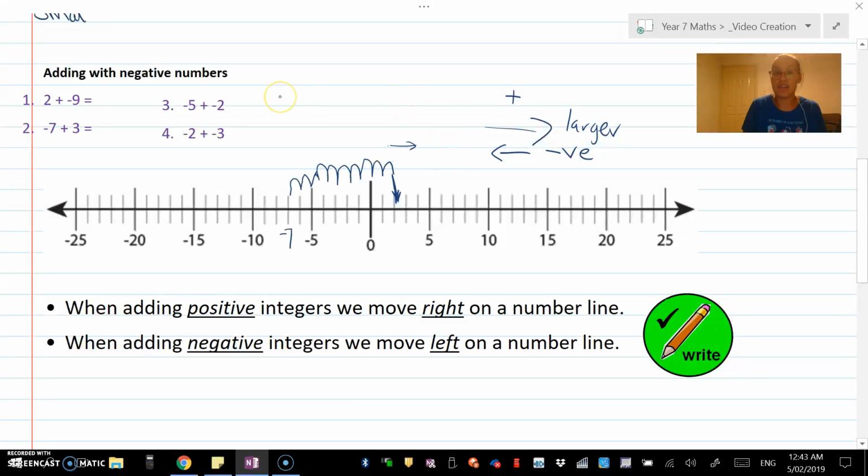So we'll do this one here, number 2. If I start with -7 plus 1, 2, 3, because I'm going to be going towards the large numbers, that gives us -4.